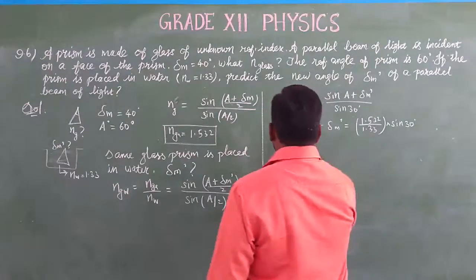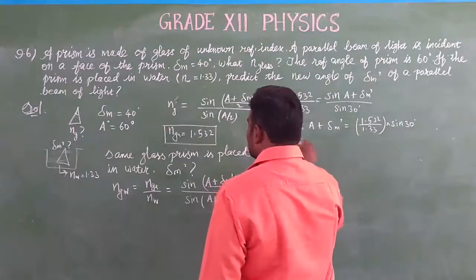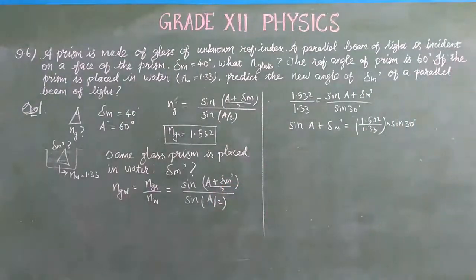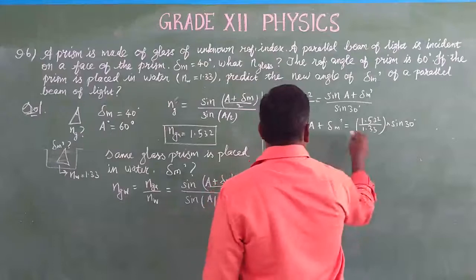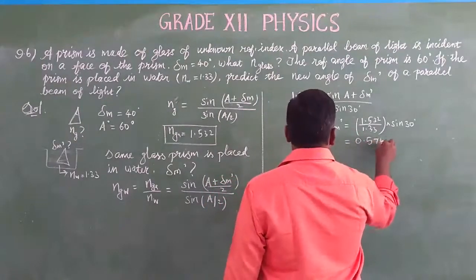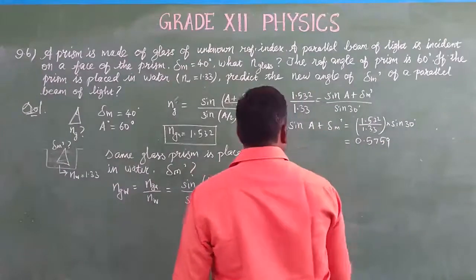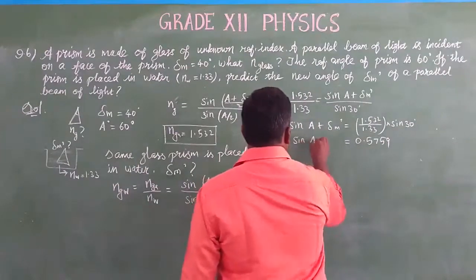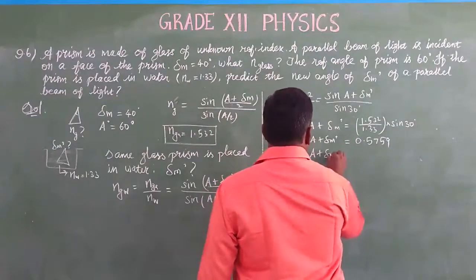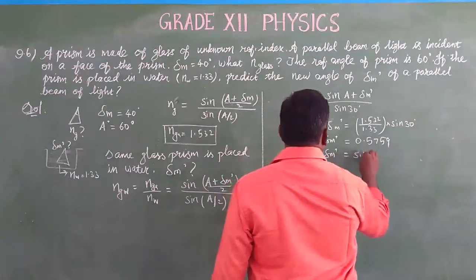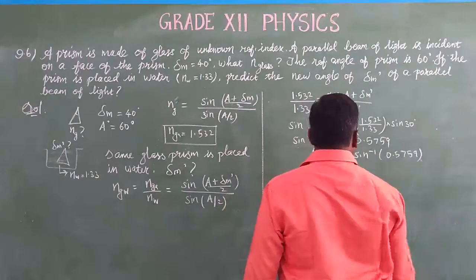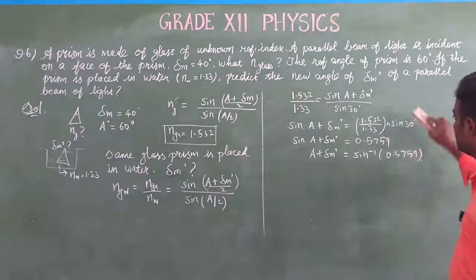After multiplying and simplifying, it becomes 0.5759. So sine A plus delta m dash is equal to this value, and A plus delta m dash is equal to sine inverse of 0.5759. Because what is the value of sine 30? It is 1 by 2.